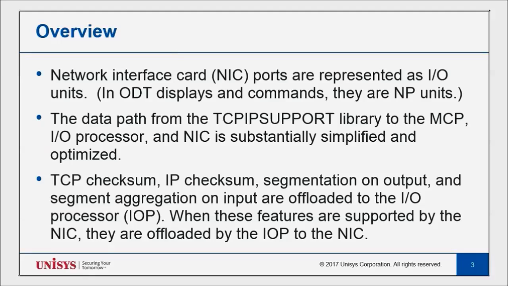Also, the TCPIP checksum calculations for both incoming and outgoing data, the IP checksum calculations, and segmentation of outgoing data into packets and aggregation of incoming data segments into larger chunks of data on input, all those functions are offloaded to the IOP. And when the NIC in use supports offload of these features to the NIC, the IOP then offloads them to the NIC.